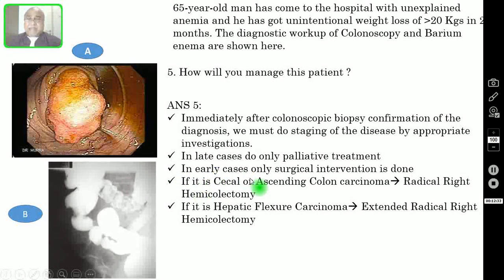Only in early cases, you have to do surgical intervention. If it is cecal or ascending colon carcinoma, we must do radical right hemicolectomy. If there is involvement of the hepatic flexure of the colon, then we must do extended radical right hemicolectomy. So this is the treatment.